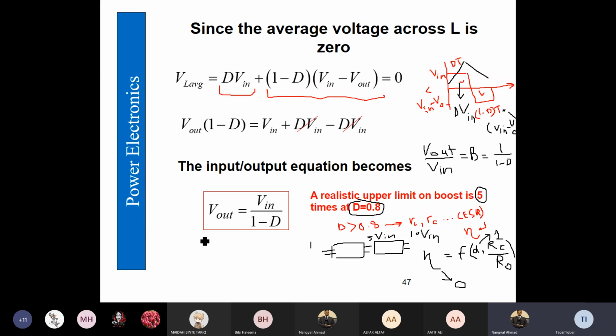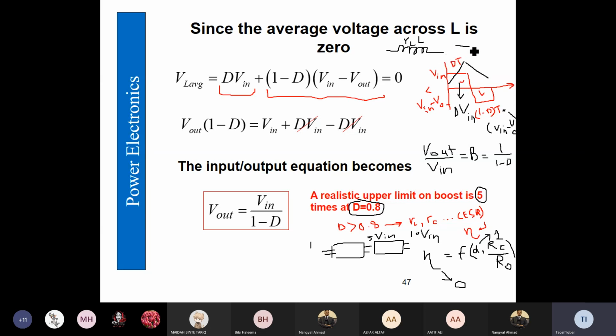Sir, last point. Sure. Because we have the inductor as a bound wire, the length of this wire has some small resistance that is called RL.